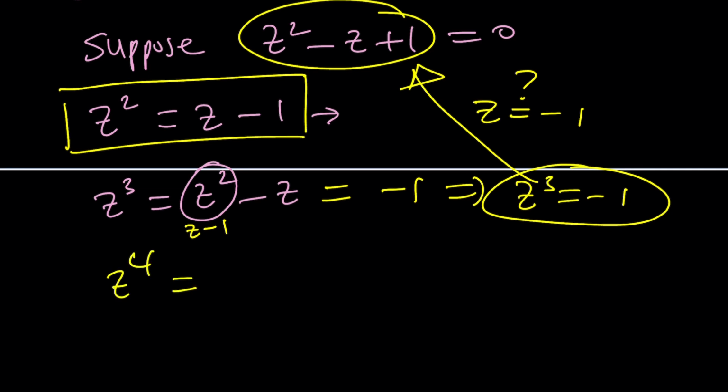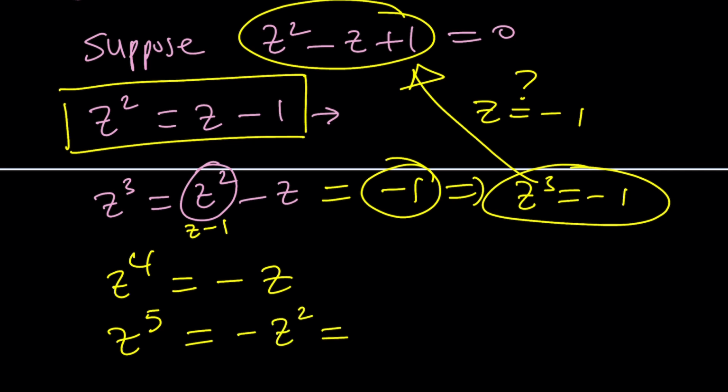z to the fourth is just going to be that times z, which is negative z. That's nice. And then z to the fifth, this is where I need to stop, is going to be this times z, which is negative z squared. But z squared is z minus 1, so it's the opposite, negative z plus 1. And that's just awesome. You know why?